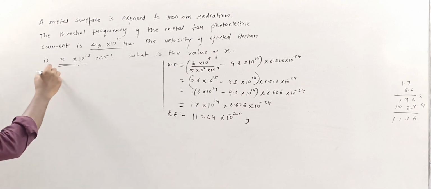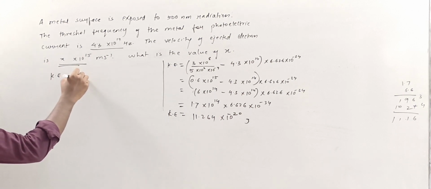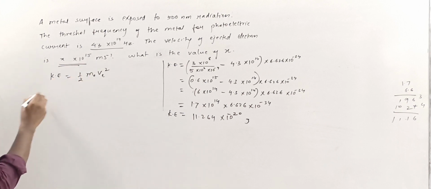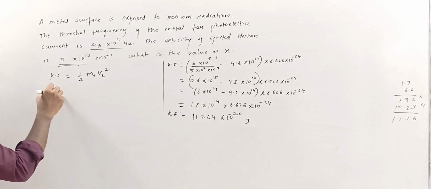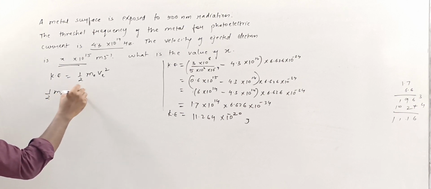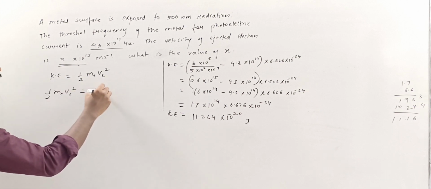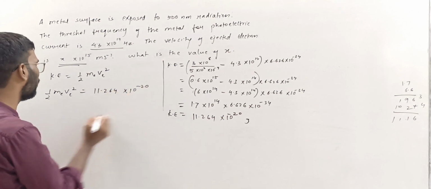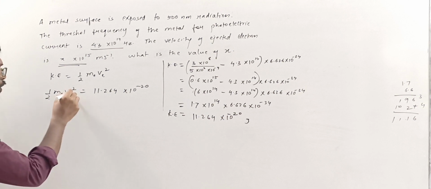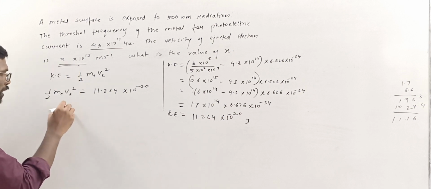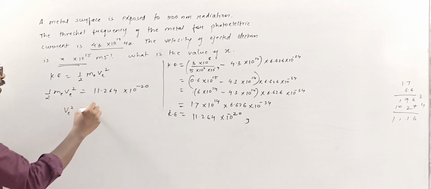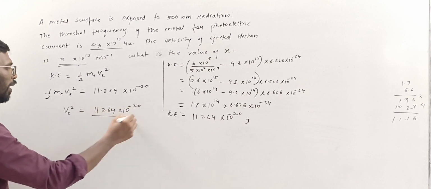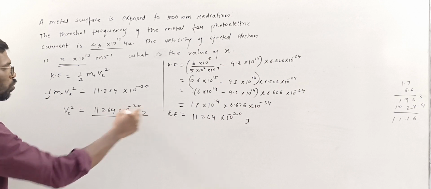So kinetic energy is equal to half mass of electron times velocity of the electron whole square, which is equal to 11.264 into 10 raised to minus 20, right? We want velocity in the problem. So velocity of the electron whole square will be 11.264 into 10 raised to minus 20, and this mass will go down and this 2 will come here.